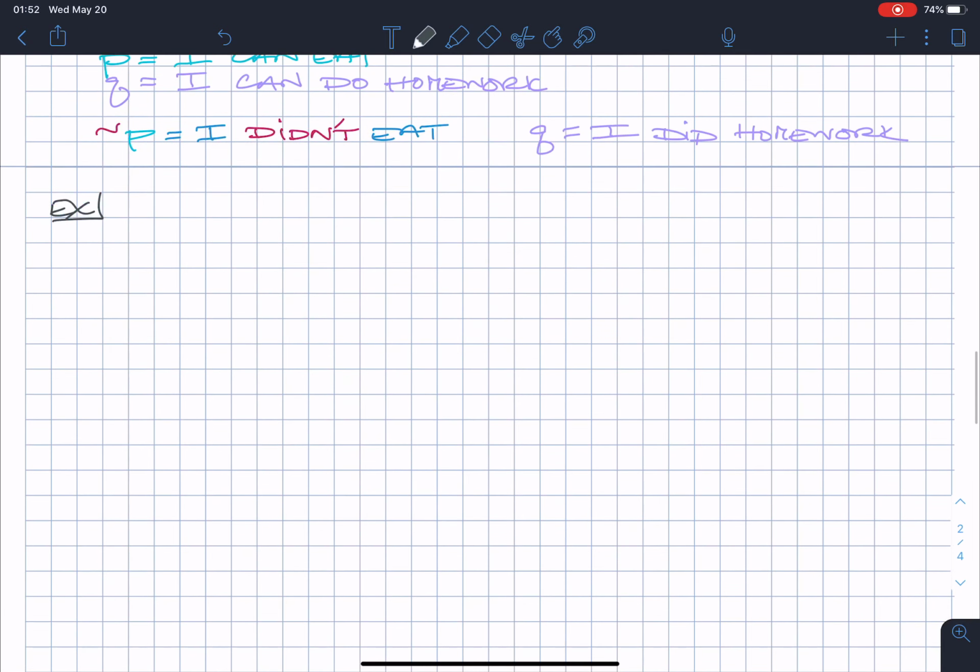Okay, so number 1, let's create a truth table for the negation of the whole quantity P and Q, and not P or not Q.